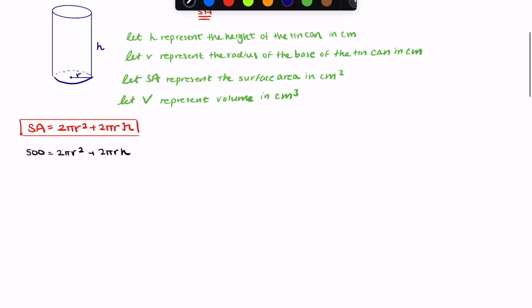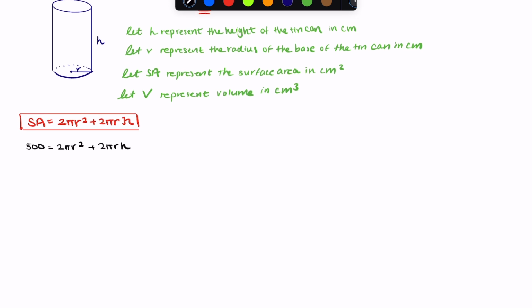Here, if we move the 2 pi r squared to the other side, 500 minus 2 pi r squared is equal to 2 pi r h. What we're going to do is divide both sides by 2 pi r.